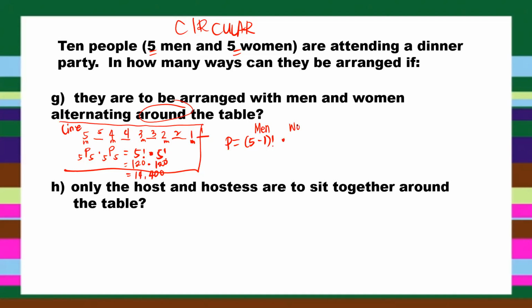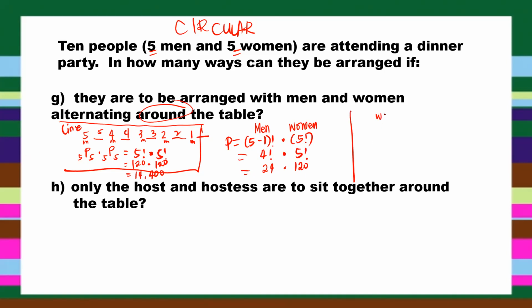Times yung sa women. At wala na akong ibabawas sa kanila kasi nakapag-assign na ako ng starting point dito. So we'll have here 4 factorial times 5 factorial. And 4 factorial is 24. 5 factorial is 120.